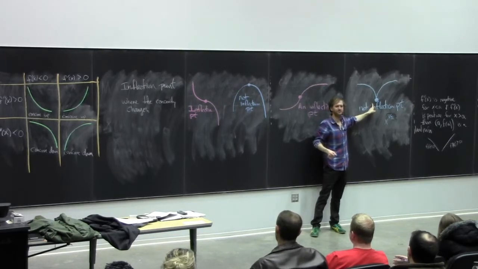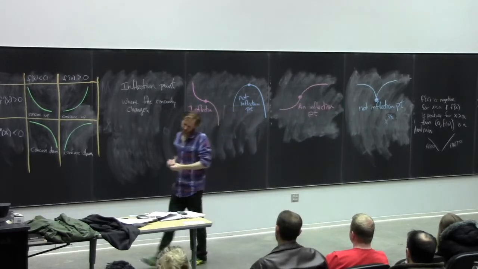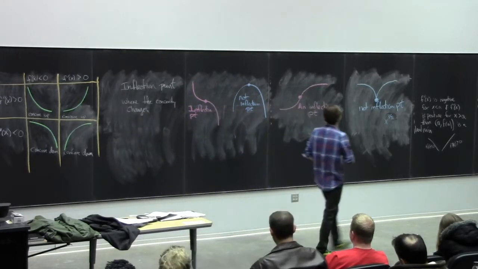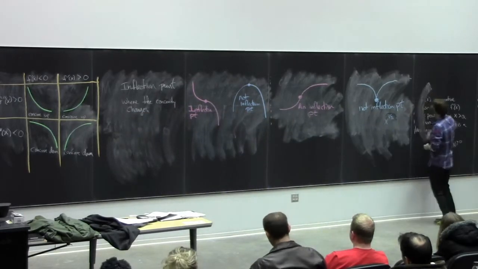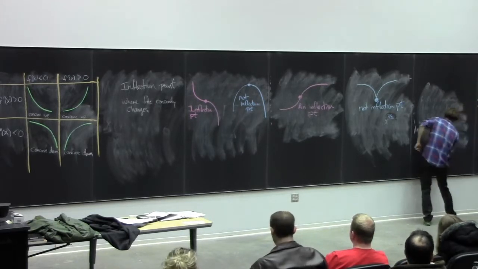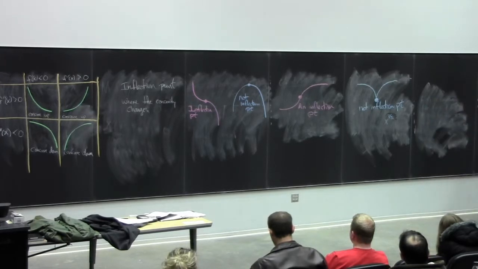Oh, it's a minimum. This is a minimum. Okay, so this is our so-called second derivative test, which is a good test. The second derivative test is an awesome test.